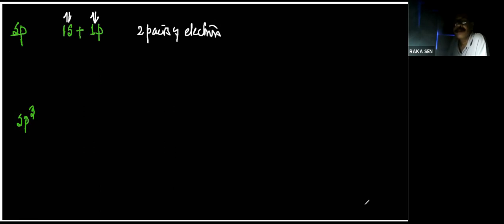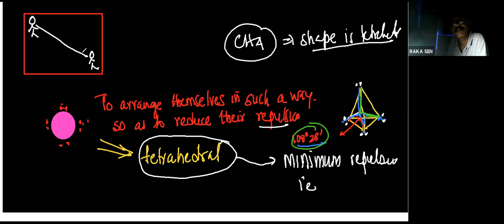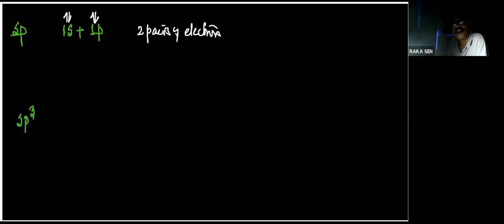And Priyanshu and Siddharth will be going very far away from each other because they hate each other. So I have got 2 pairs of electrons, pairs, mind it, not 2, 2 pairs of electrons. Therefore, they are going to go to the furthest distance apart from each other.